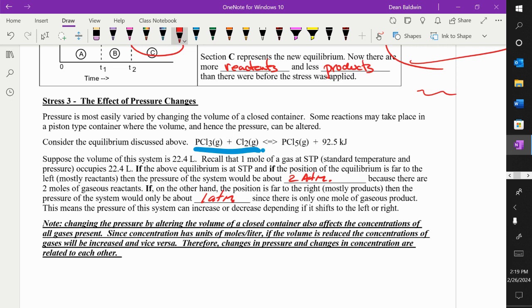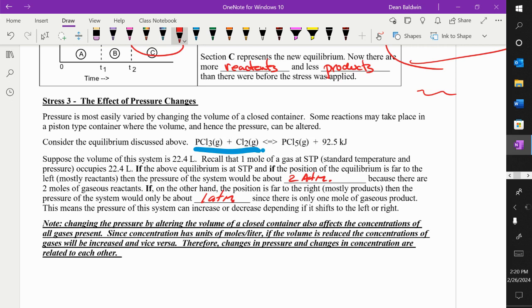If you increase the pressure, do you think the system wants to go towards more gas molecules or fewer gas molecules? Everybody's a molecule in this room.